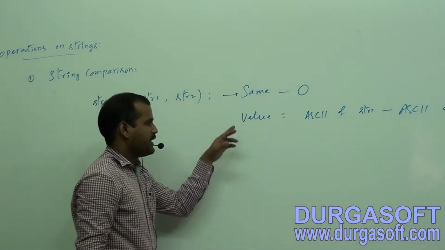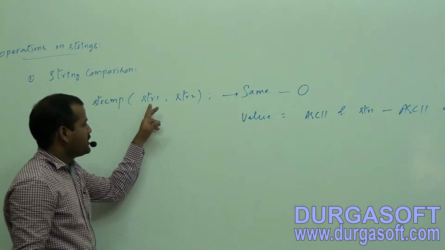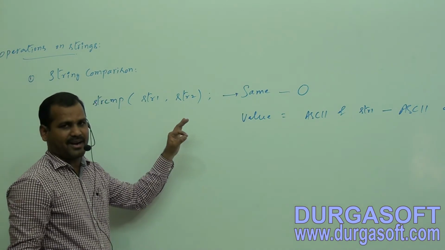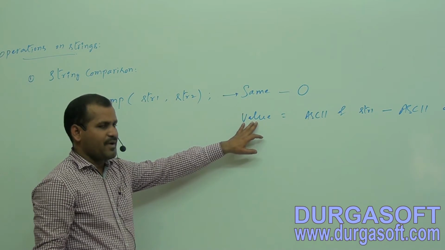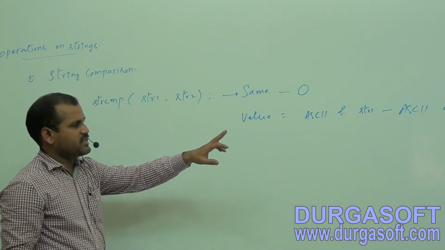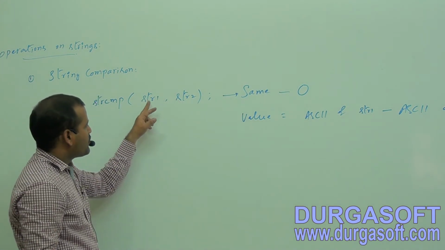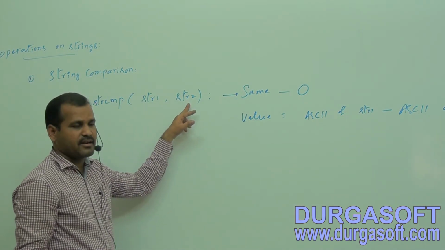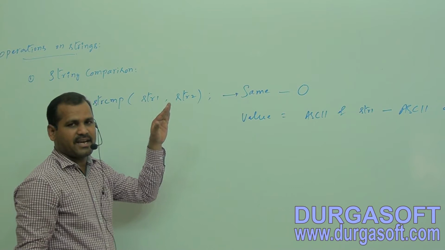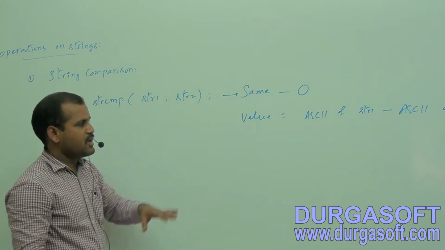Observe that here we are assuming the two strings have different characters. In such cases, the result value will be the difference between the characters of the first string and the second string at the first mismatching character in these two strings.